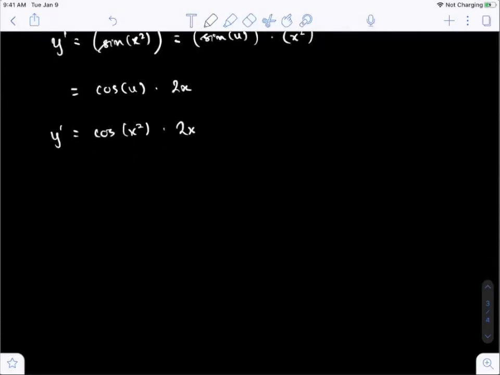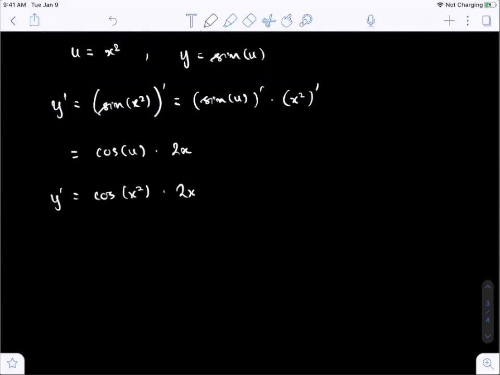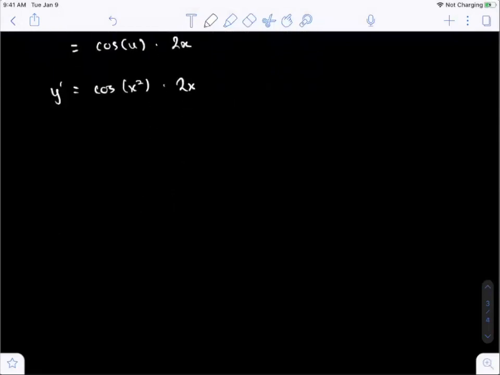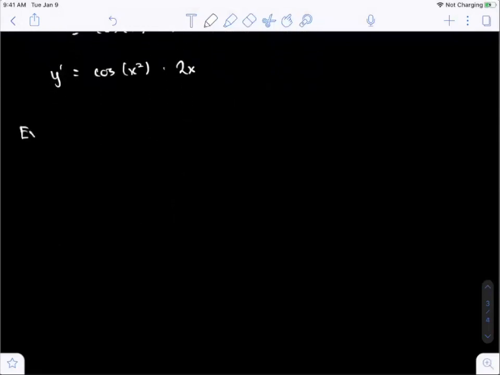So one more example, slightly different from this particular example. I want you to differentiate y equal to sine of x, altogether squared. So the inside function is no longer x squared.